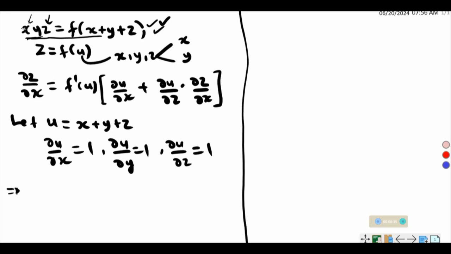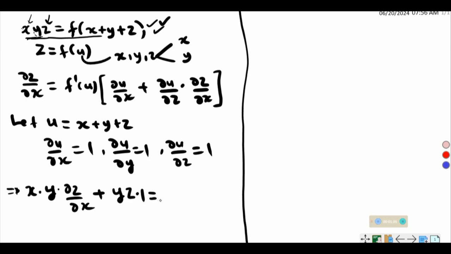Let us take x as one function and yz as the other. We maintain x and differentiate yz with respect to x, and that will be y times del z del x. Plus, now maintain yz and differentiate x with respect to x, and that will give us 1.